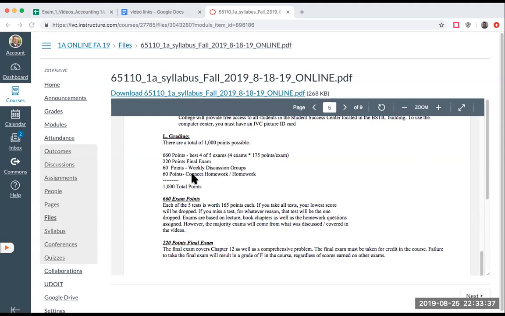I actually haven't graded those yet. And then the Connect homework that is being assigned to you, that's also going to be 60 points. So for every exam, you have to complete that homework, or if I'm assigning you homework separately. So the Connect homework is worth something, and also the weekly discussion groups have value too.